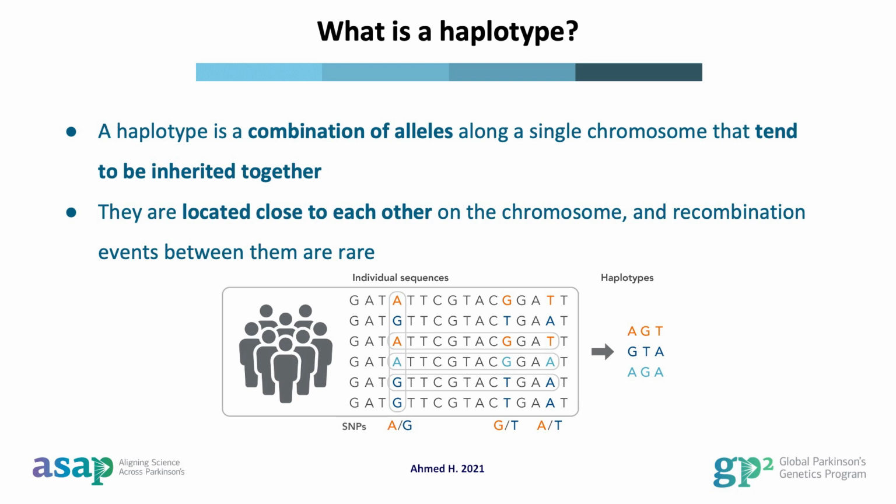These combinations are referred to as haplotypes. For a more comprehensive explanation, please check Module 2, Understanding Basic Genetic Concepts, from the PD Genetics for Non-Geneticists course on the GP2 LMS.